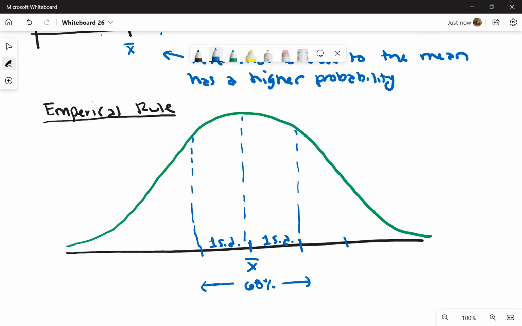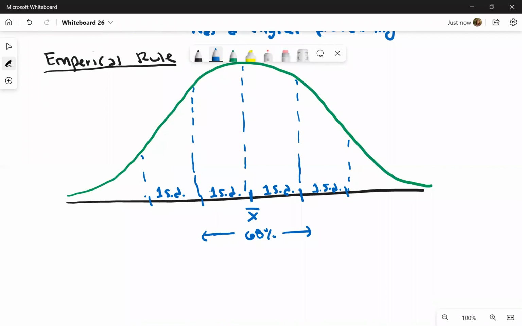If you go one more standard deviation again on either side, one more standard deviation, that'll be 95% of the data. So 95% of the data is within 2 standard deviations of the mean.